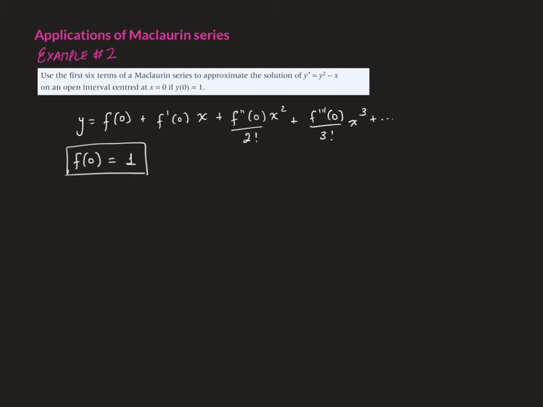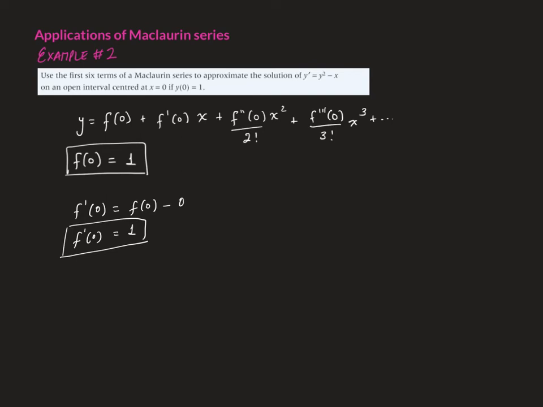We know the differential equation is going to give f dash of 0 equals f of 0 minus 0. We know that f of 0 is 1, so 1 minus 0 is equal to 1. So we have the second coefficient.